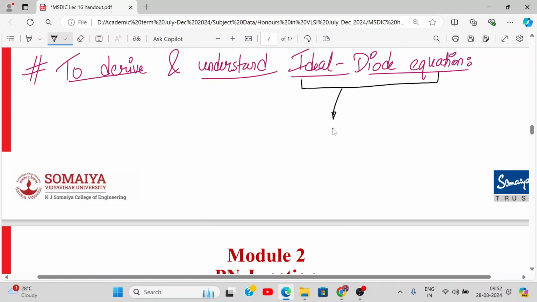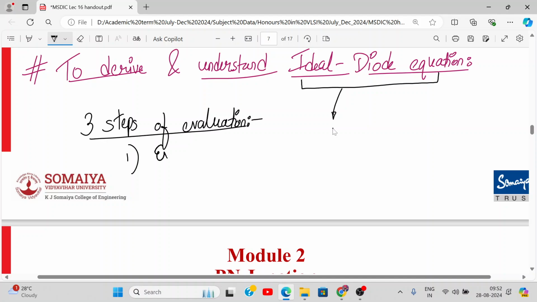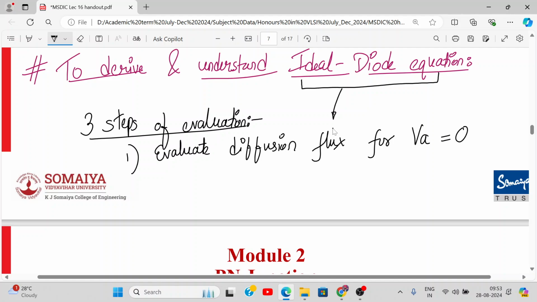So there are 3 steps of evaluation. Write down 3 steps for evaluation for further analysis. Step number 1 is we evaluate, this is from semiconductor physics, diffusion flux for VA equal to 0. What is VA?